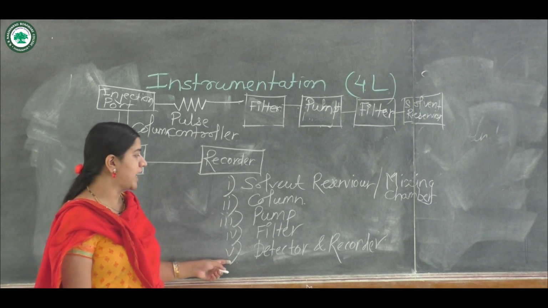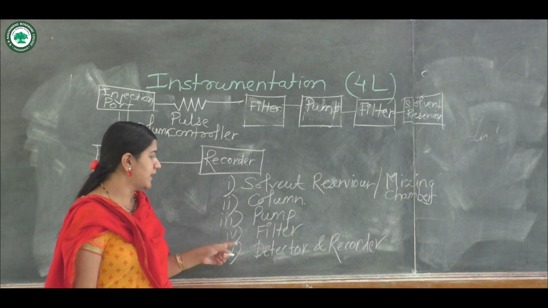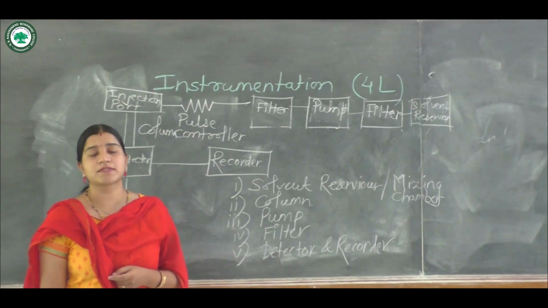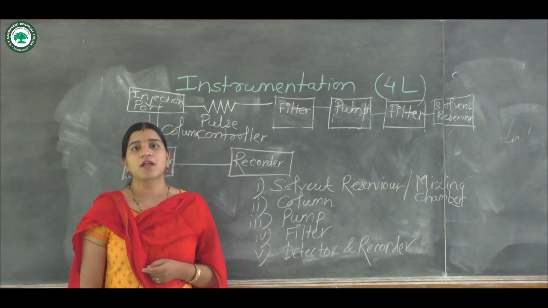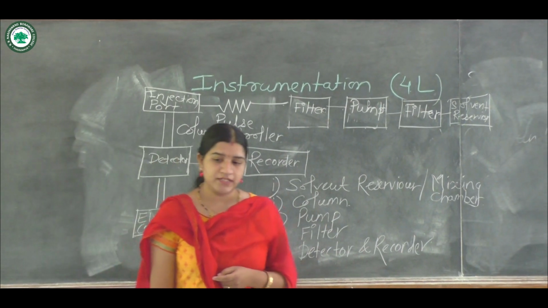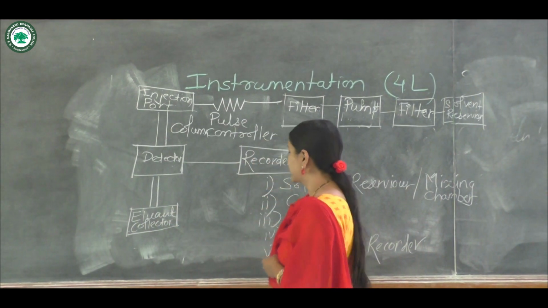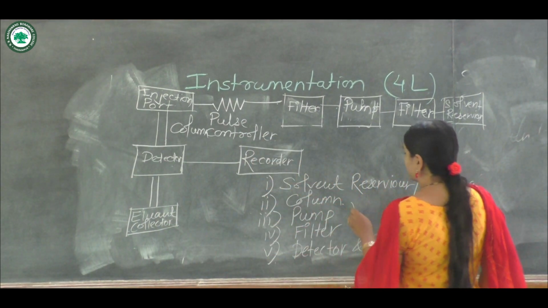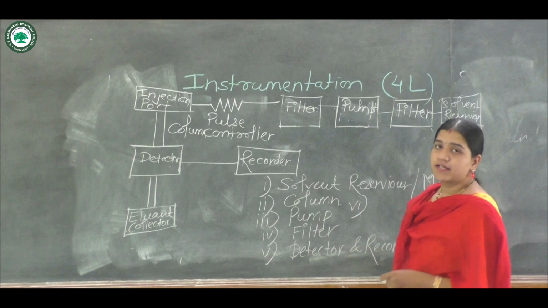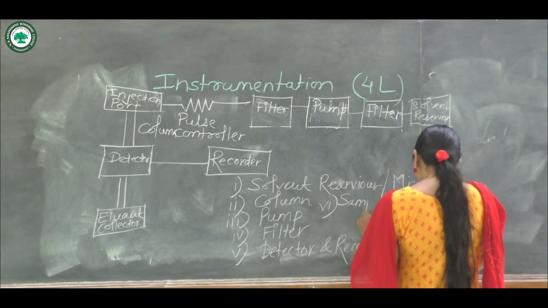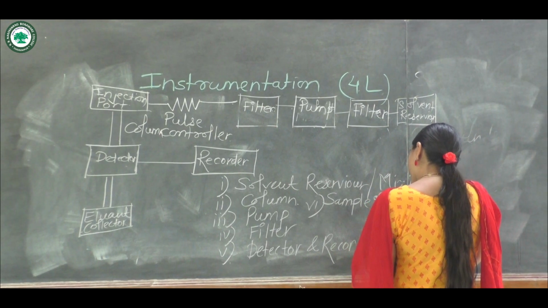So we have to see different types of detectors as well as the different types of sample injection units, because split injection is there, splitless injection is there. Along with all this, we will also study the different types of sample injection units in HPLC.